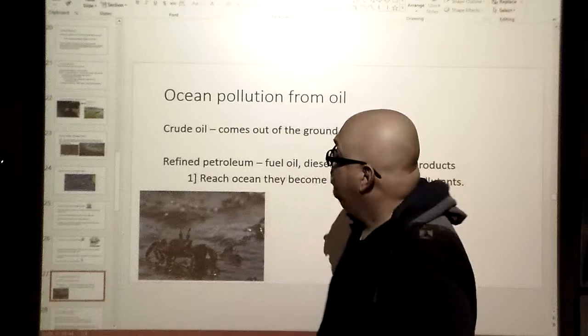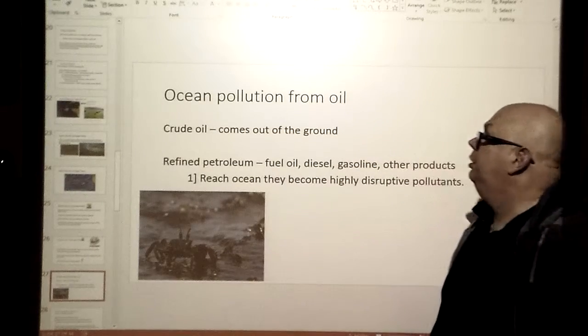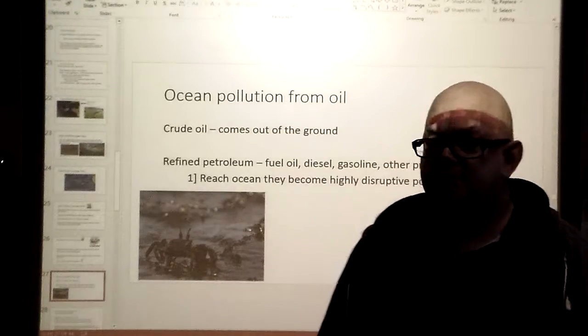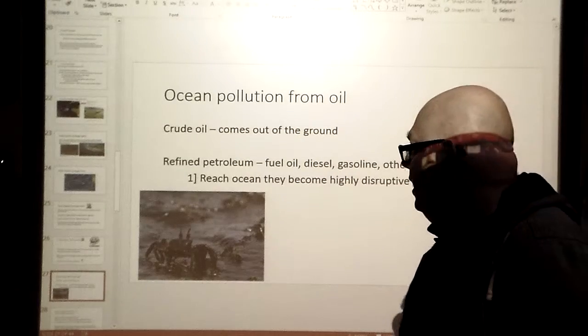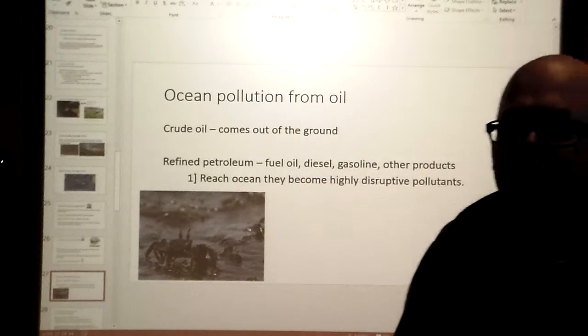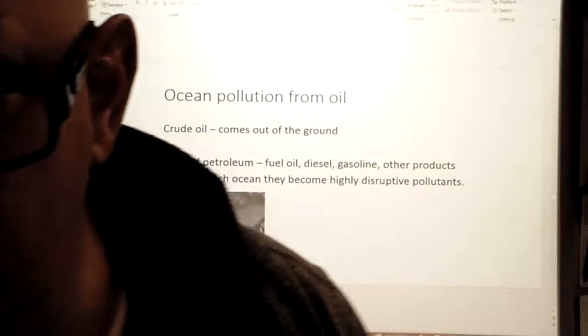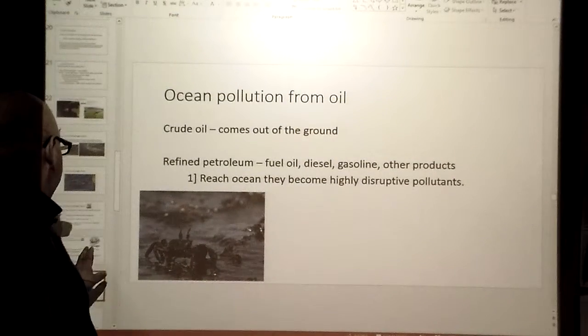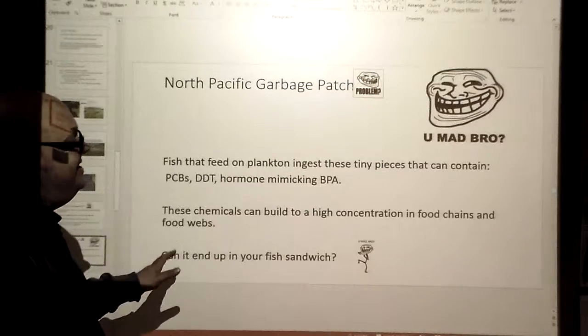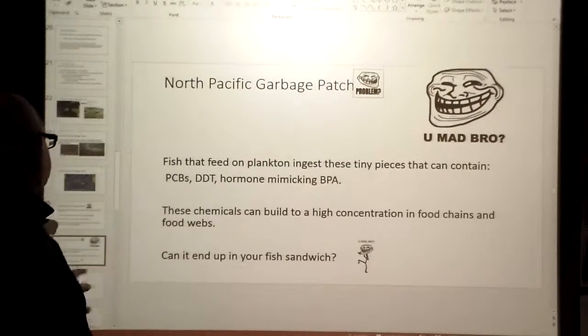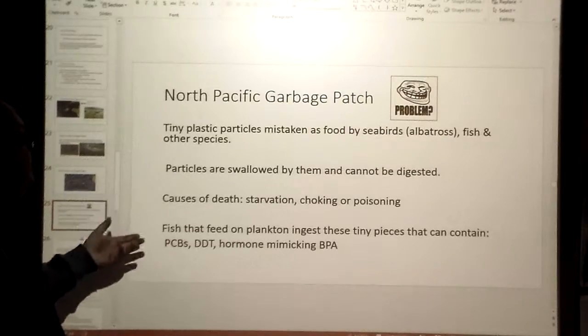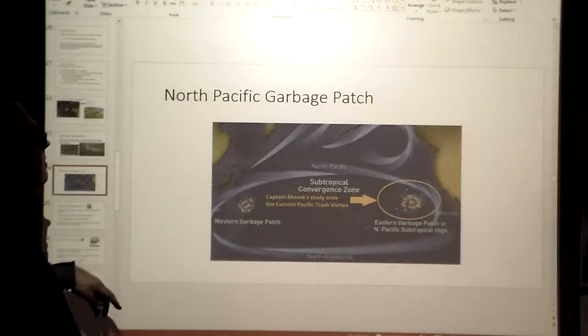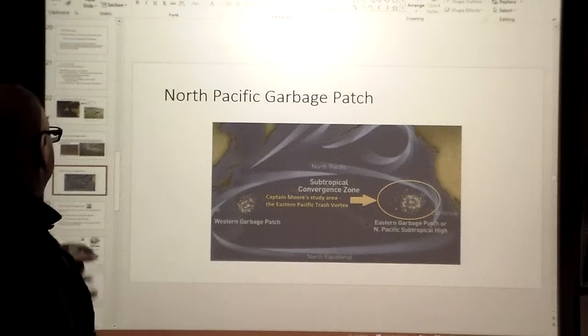Okay, another problem we have is oil pollution. Big issue there, and I would want to hold on to that one and stay here. So in terms of the plastic, it's very important that you understand what's going on with the plastic, talking about the North Pacific garbage patch.